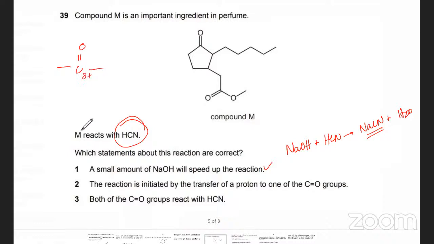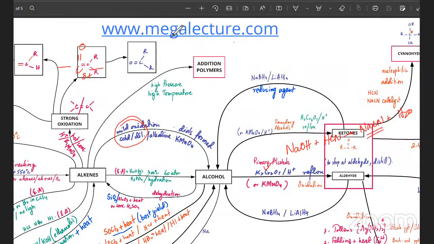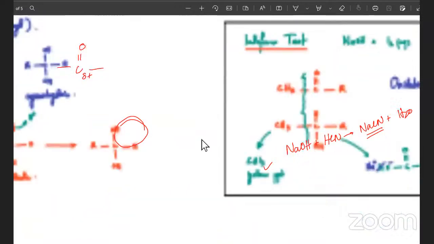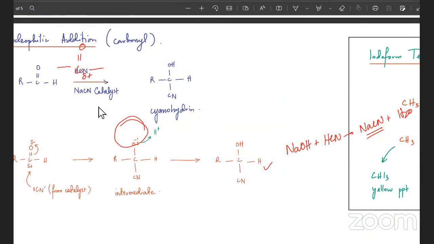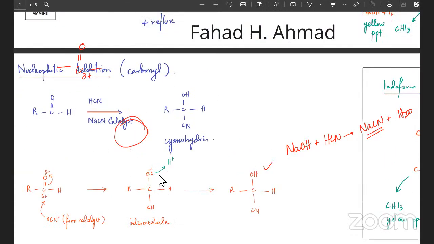Remember, in these HCN reactions, the first step is CN- attacking the carbon, which is positive. The proton comes in a lot later. So the first step is CN-.